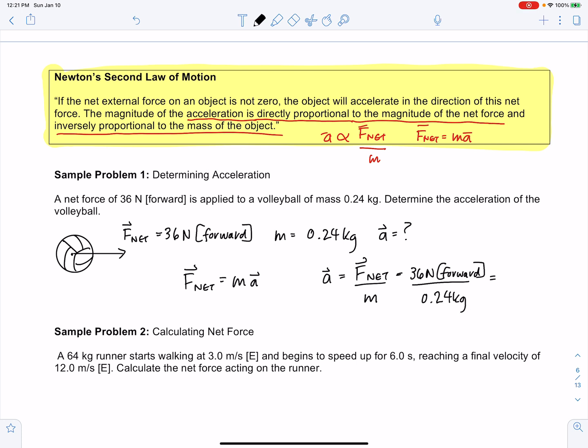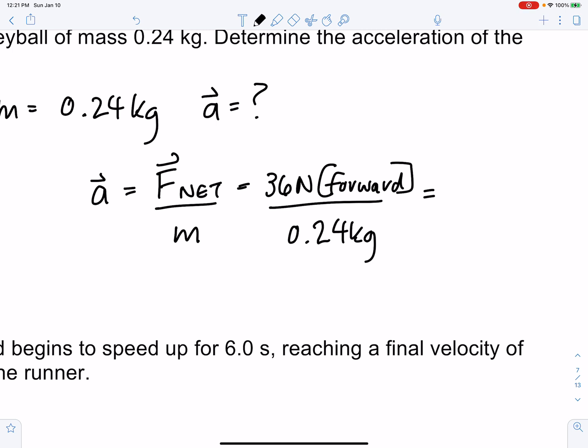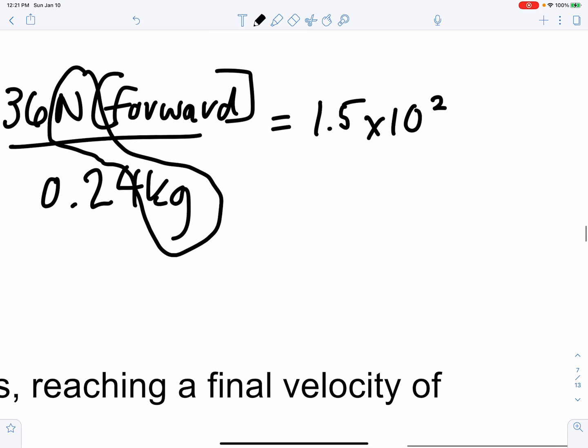And if we punch this into our calculator, we end up with two significant digits, 1.5 times 10 to the power of 2. And whatever we do to the numbers, we do to the units. So here we have newtons divided by kilograms. So the unit here is newtons per kilogram, and the direction is forward.